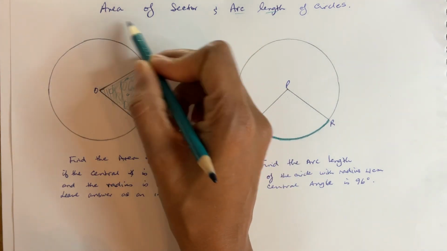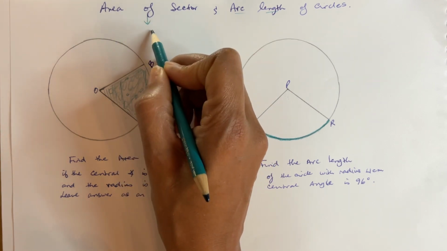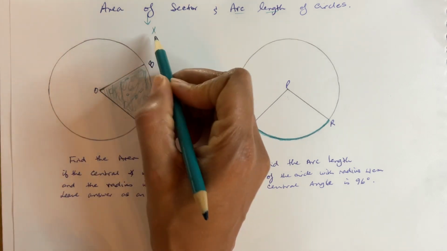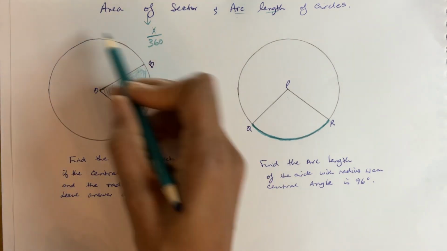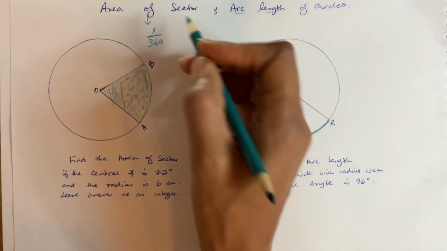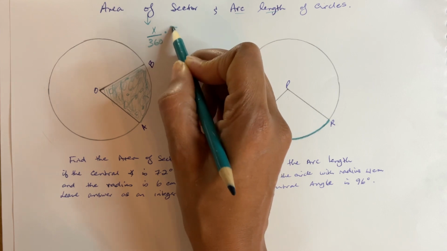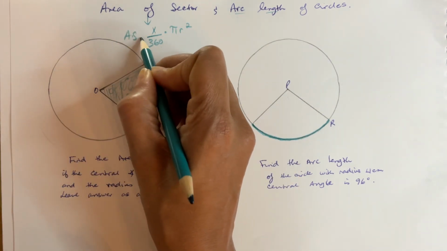Okay, and there's a formula for this. The formula for the area of a sector here is going to be simply the central angle over 360, because the total angle measure in a circle is 360 degrees, times that by pi r squared. All right, that's the area of the sector formula.